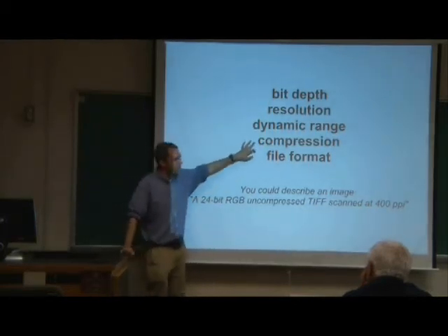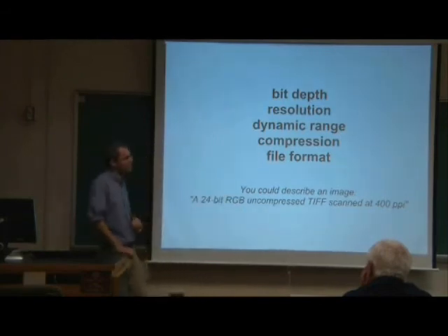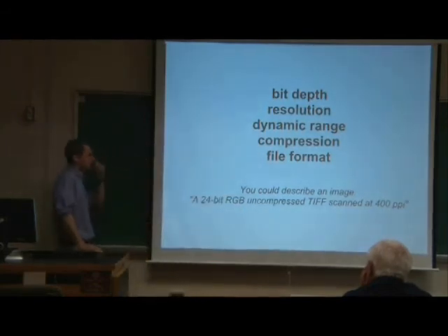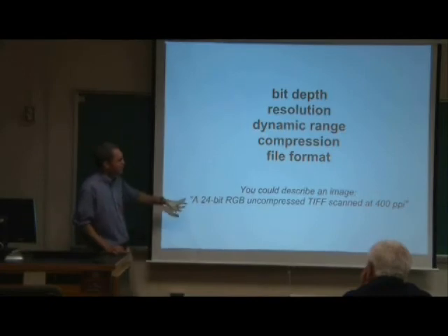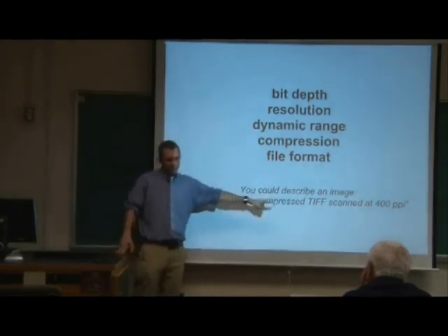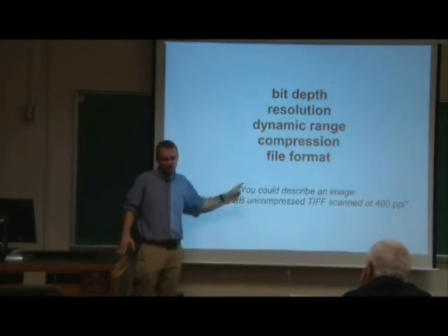Compression and file format, these have to do with the file, the actual digital file that you're creating. I'll talk a little bit more about that, but put all these together and you get the language that you use to talk about a particular image that you're creating or working with.